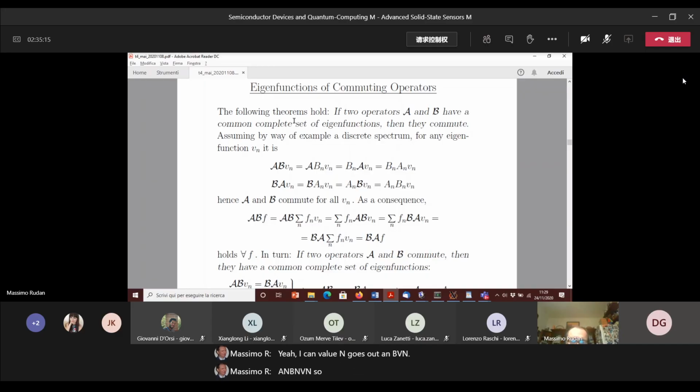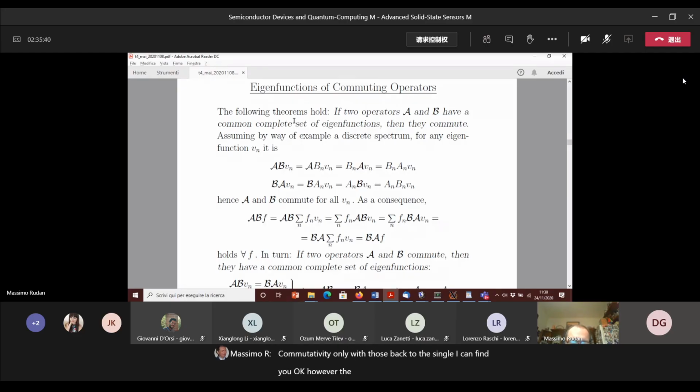So if A and B have an eigenfunction in common, then they commute over that eigenfunction Vn. So it is not finished because we have demonstrated commutativity only with respect to the single eigenfunction, okay?